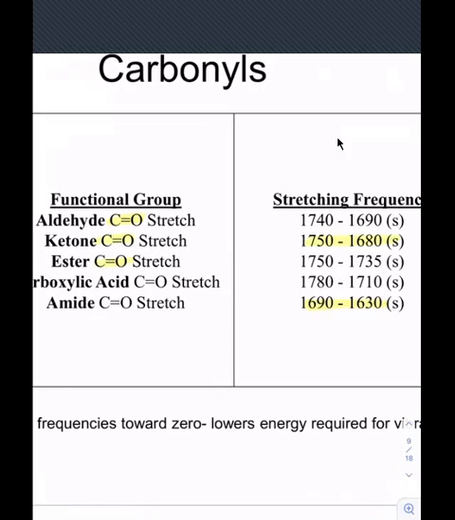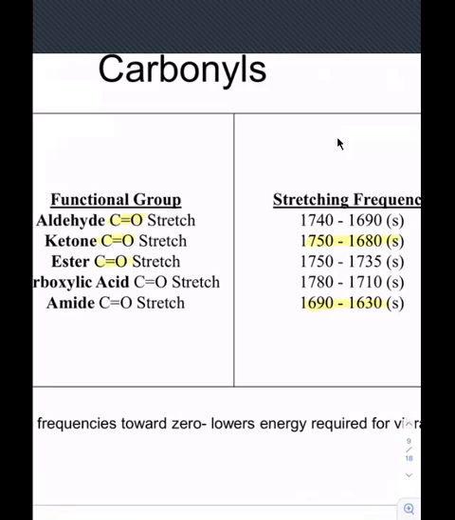So this is one of the reasons why you can't use only infrared to determine the identity of a compound, right? Because you can see right here, a lot of these stretches overlap. They have overlapping wave numbers. So you can't just use this. This is used to confirm the identity, but it's not used as an initial identification or characterization method. This is strictly supplementary, right?